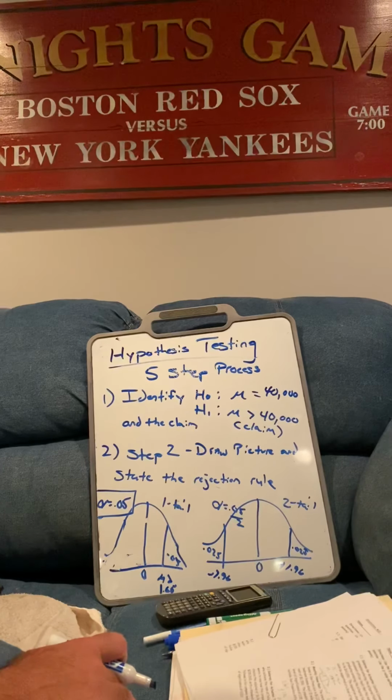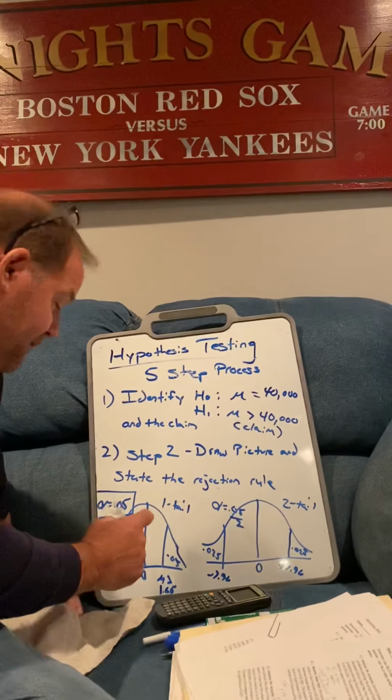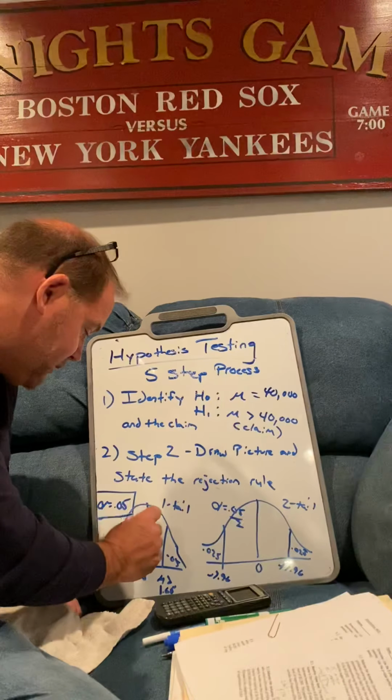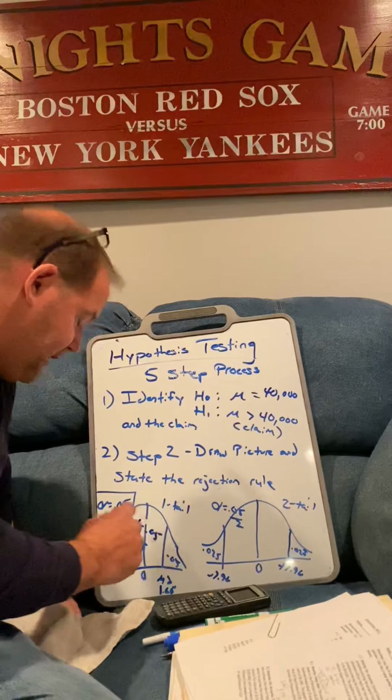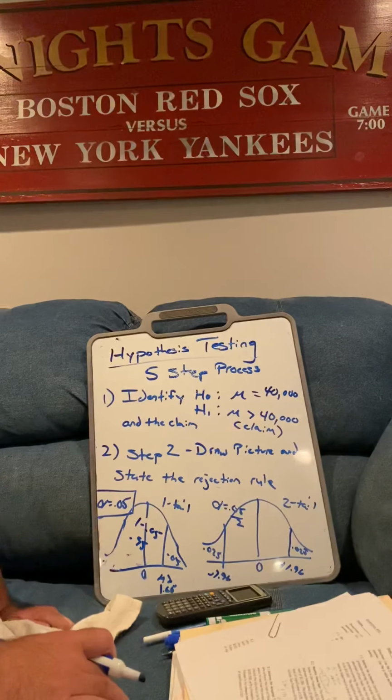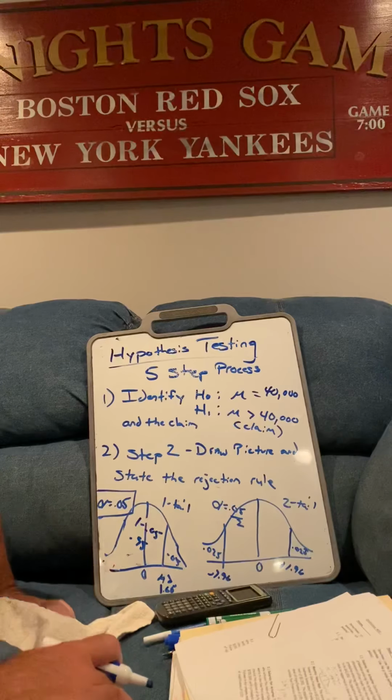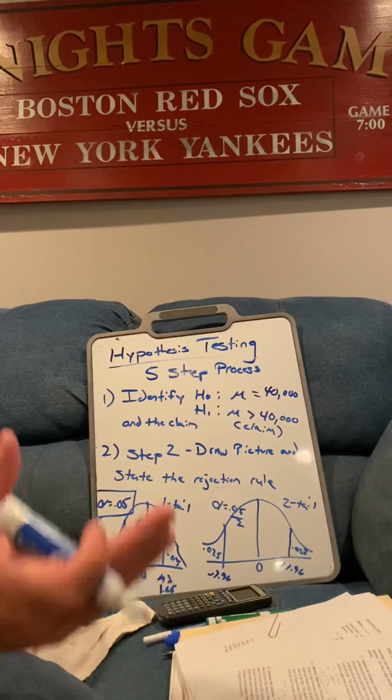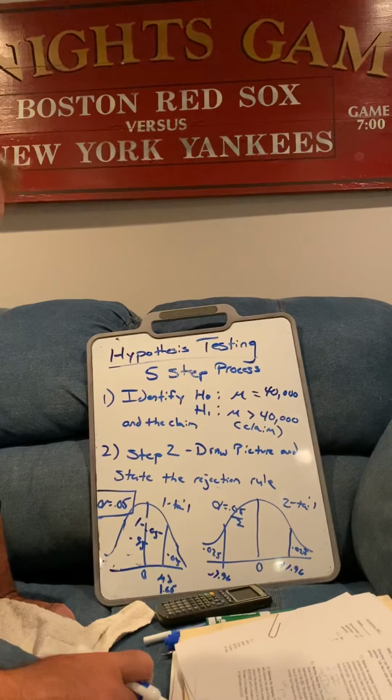So again, what do I do to figure out what the z-score is? If your area is 5%, well, what's 1 minus 5%? 95. If you look up 95, the z-score that's going to be closest to that is 1.65. That's the one that falls between 164 and 165.